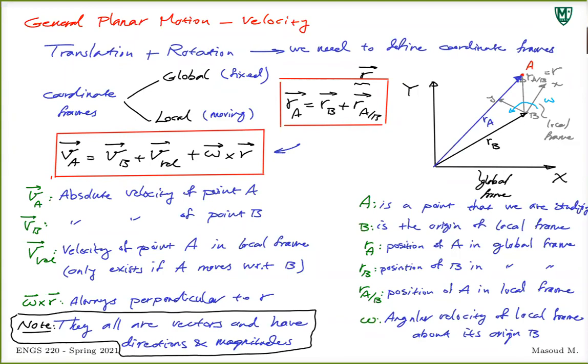Now, how do we implement it? As I said, there are a couple of things that you have to make decisions about. Where to put the local frame. We are not concerned about the global frame. Global frame is just a fixed frame that is somewhere, and it's there. Where to put the frame, which part of the system you attach the frame to, and then what point you want to study using that frame.